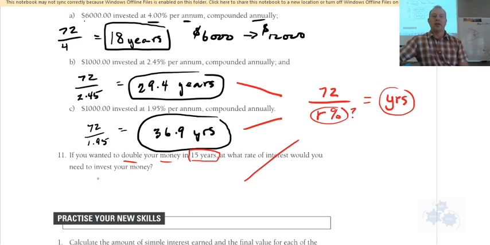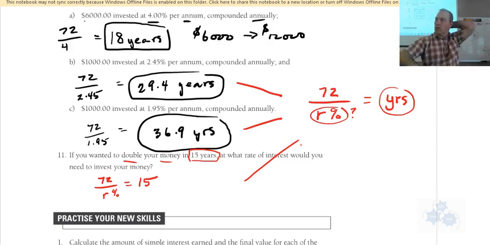Watch this. So 72 divided by R, as a percent, equals 15. So how do I solve for R there? Walk me through the steps. Yes? Could you do 15 times 72? You wouldn't want to do 15 times 72.